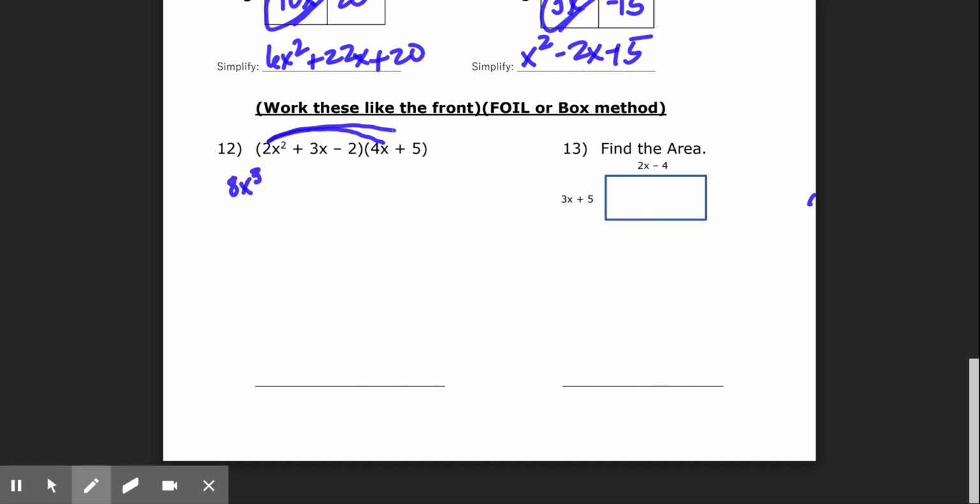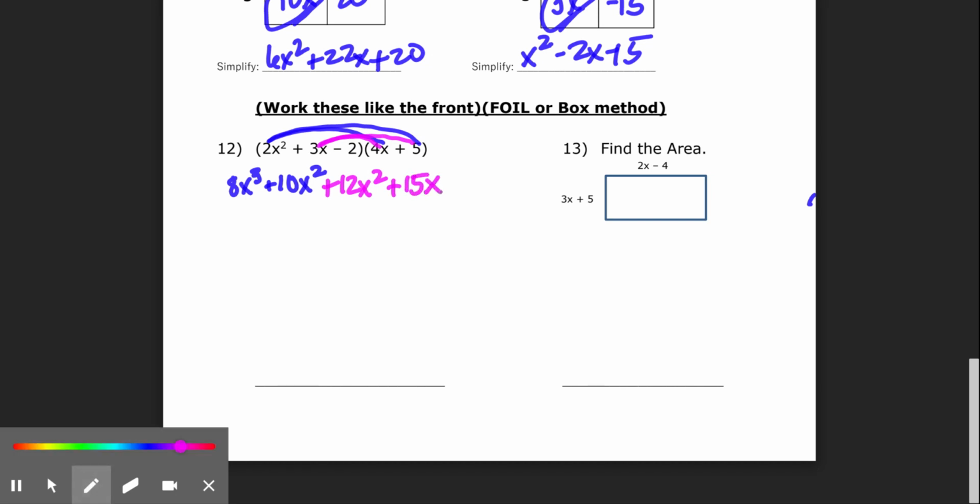Then 2x squared times 5, that's 10x squared. What's different here is that you have 3 distributing numbers. 3x times 4x is 12x squared. 3x times 5 is 15x.